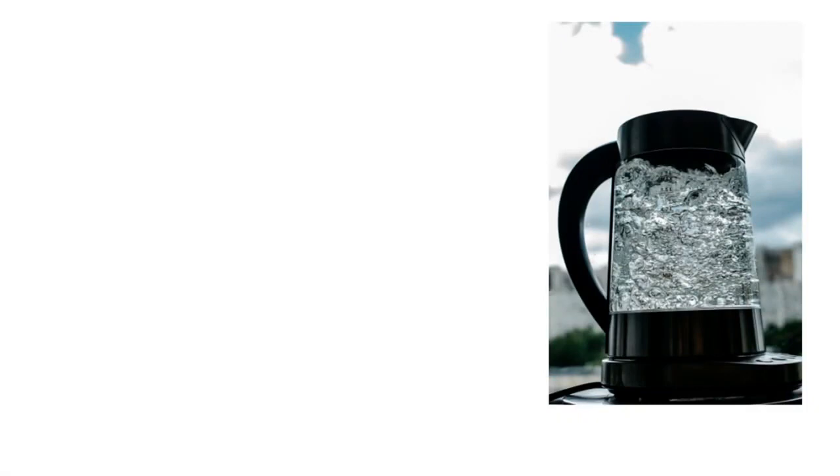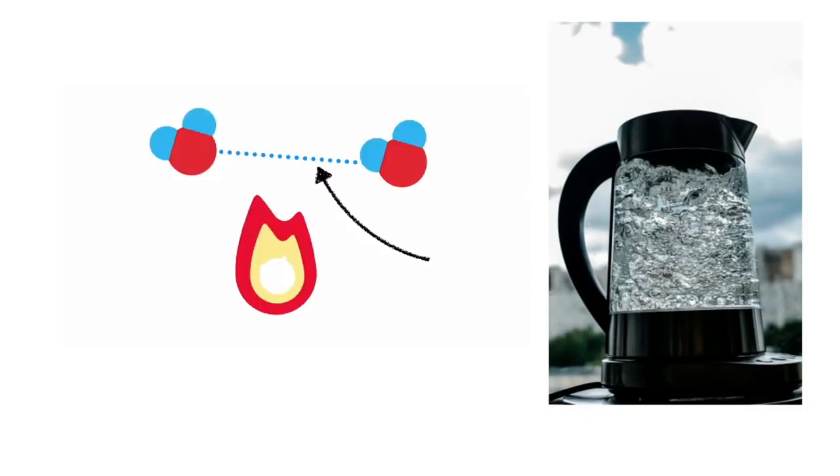Another property here is called latent heat. What is latent heat? Latent heat is the heat needed to turn the water from the liquid state to the gaseous state. Latent heat is also high for exactly the same reason: heat is needed to break those hydrogen bonds. So just make the difference here between latent heat and specific heat capacity.